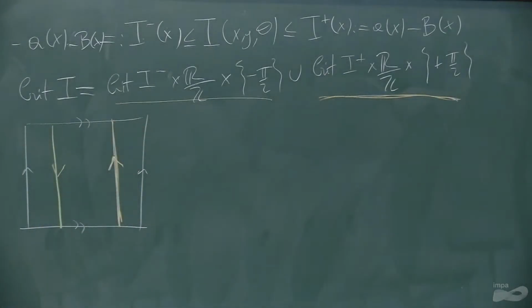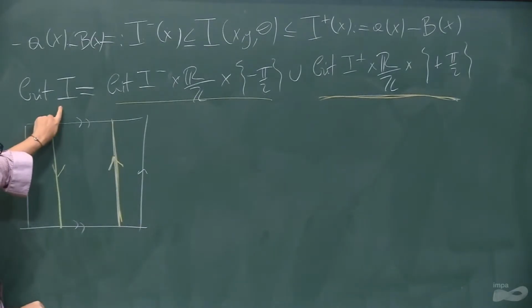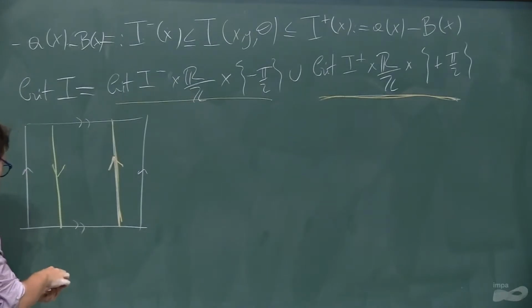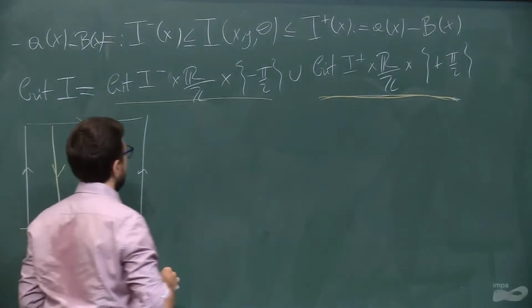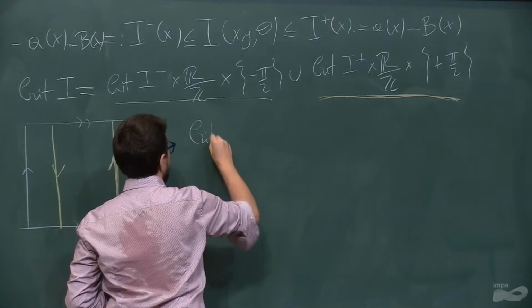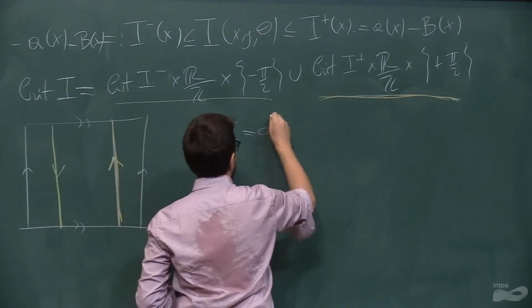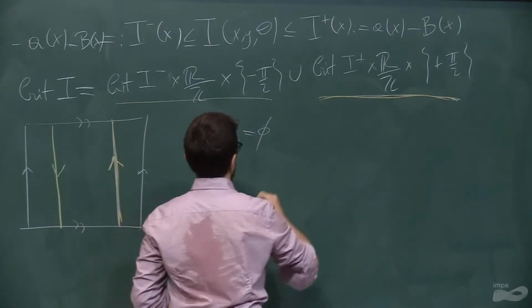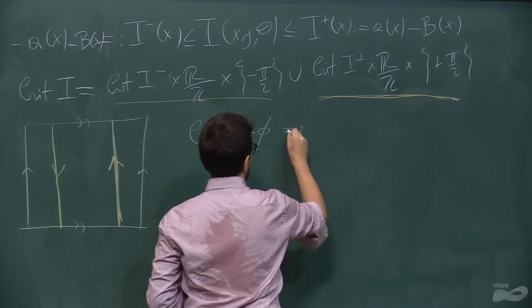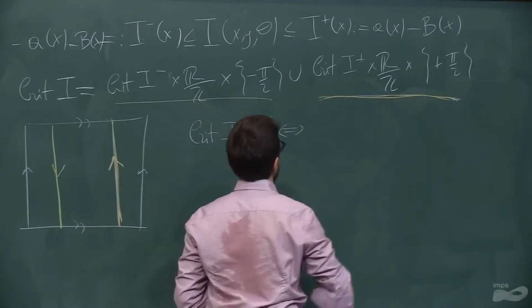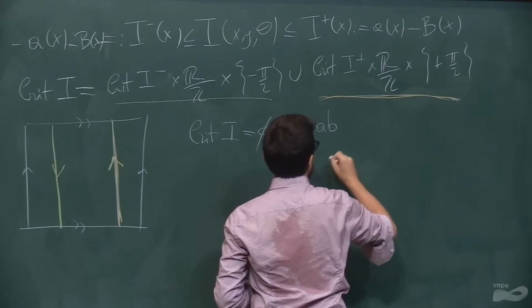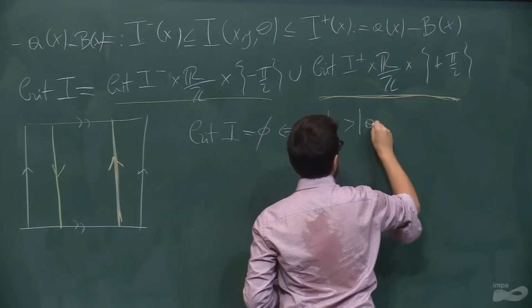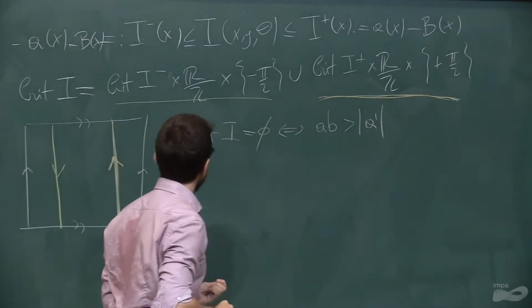Okay, so in this case, there are a lot of different phenomena appearing for different sets of critical points. So what we did, we started to look at the case where the set of critical points is empty. And this happens exactly when AB is bigger than the modulus of A prime.